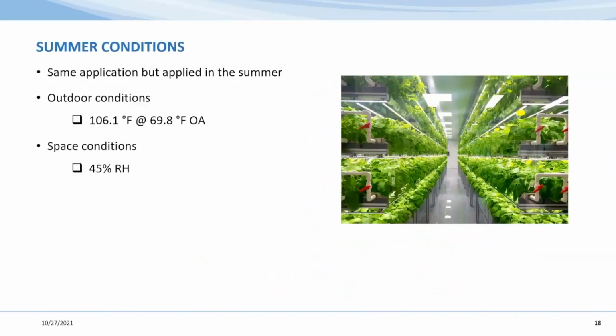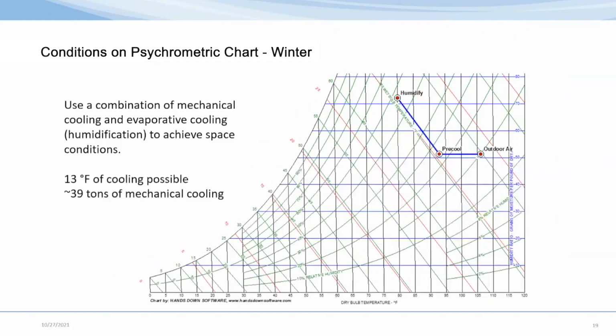So looking at summer conditions, just real briefly, the same conditions as previously mentioned, but these have different outside air temperatures and humidities. Same space conditions apply. As we look at this, for our outdoor condition, we need to first pre-cool this air.